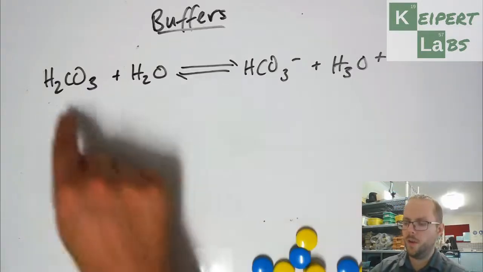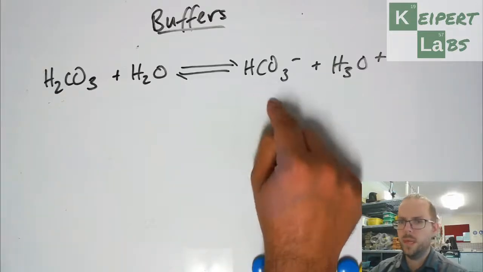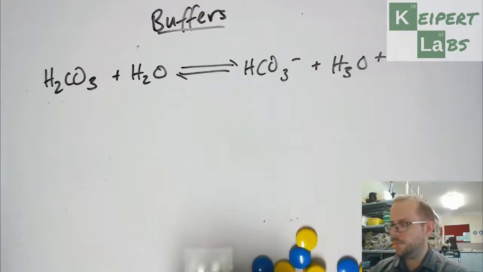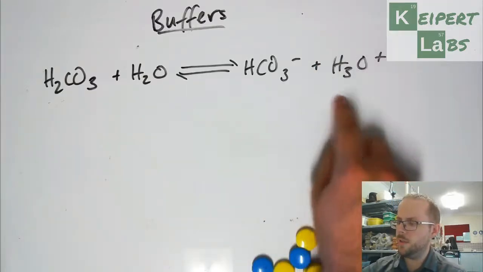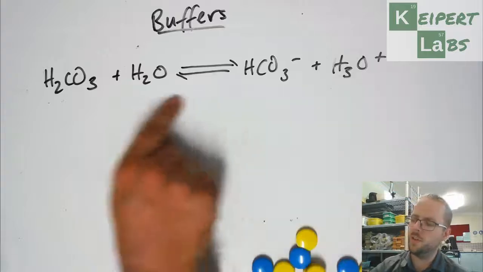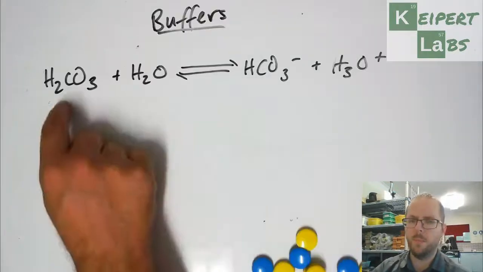And in doing so, carbonic acid goes down, our bicarbonate goes up to help replace it. Likewise, if we add extra hydronium ions into our system, if your blood starts to become too acidic, then we can shift to the left to try and remove it, and we use up some of our bicarbonate and we form more carbonic acid.